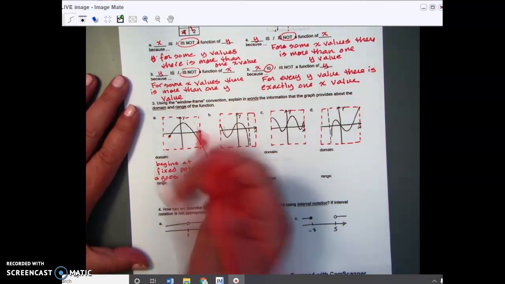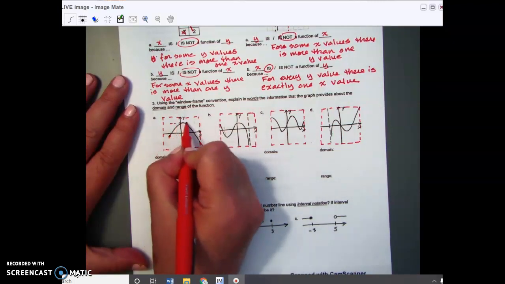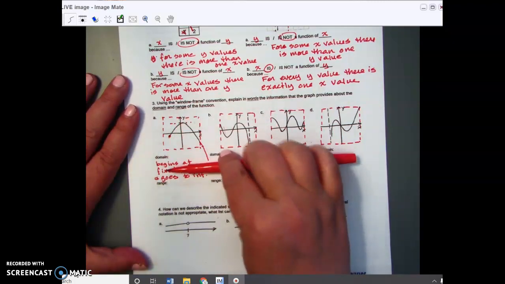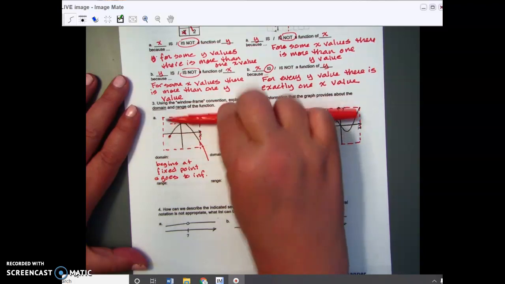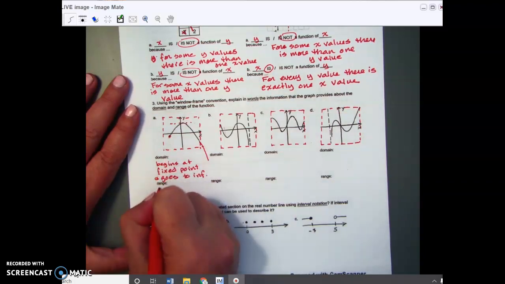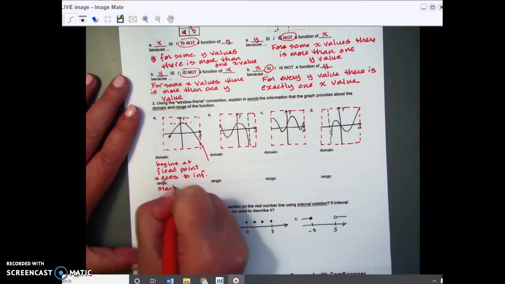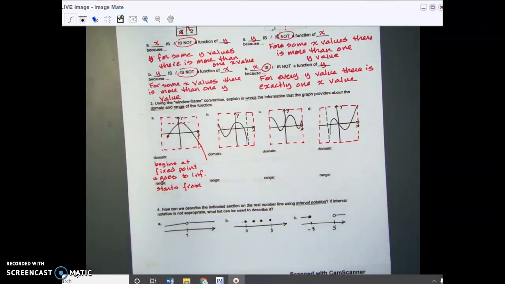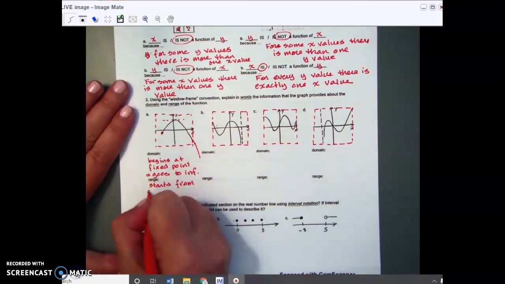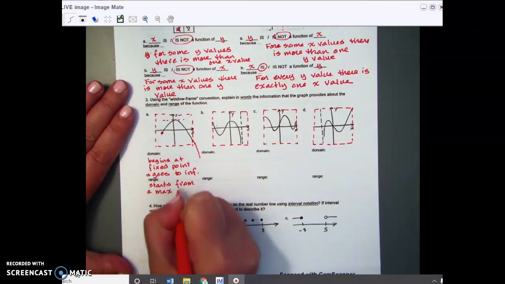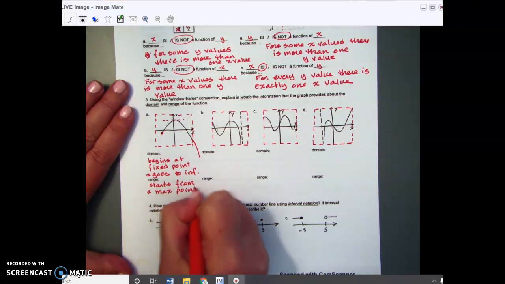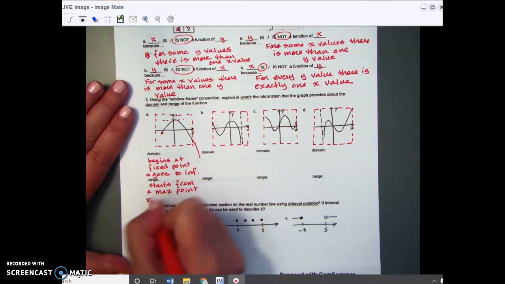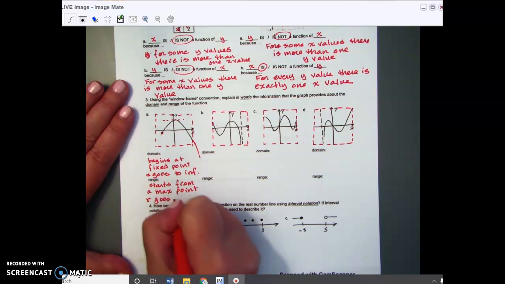Then for my range, do you see that we stop at this maximum point right here? So we go from negative infinity and stop at a maximum point.